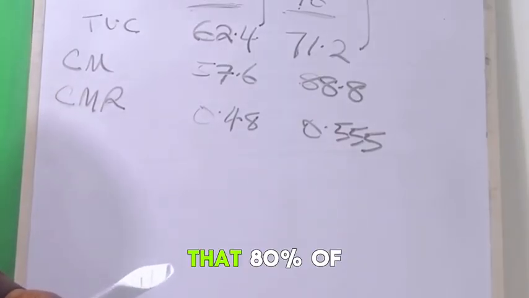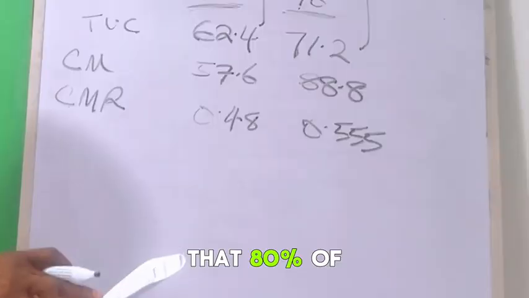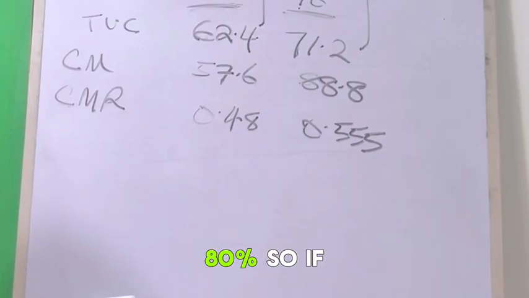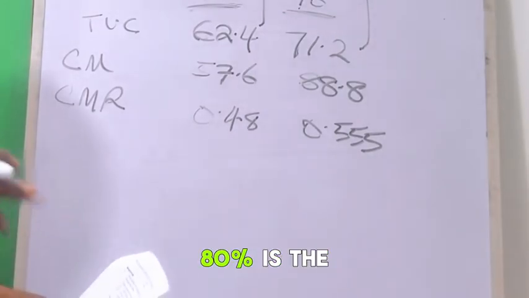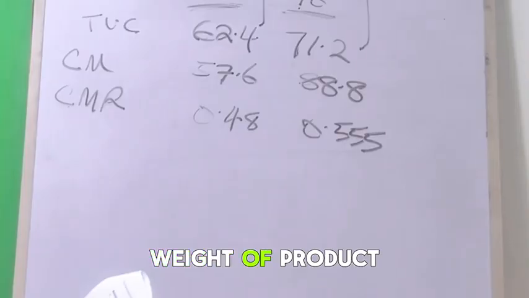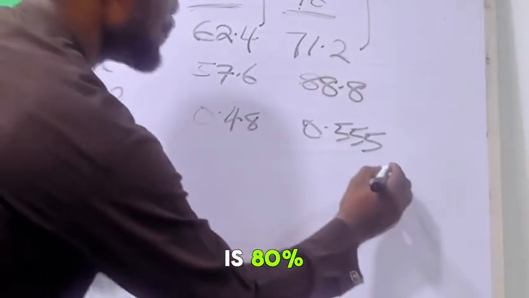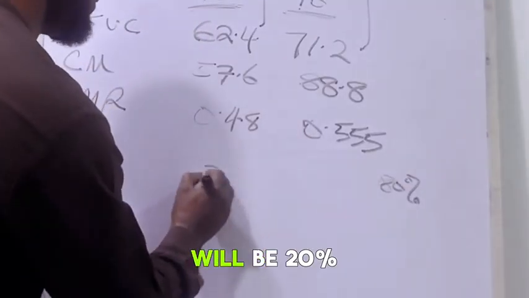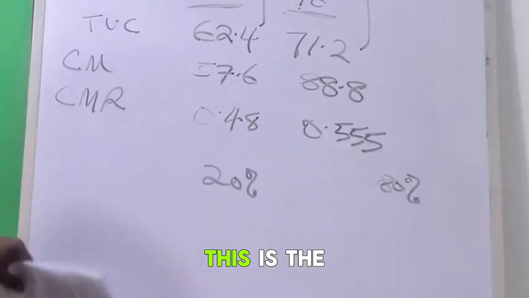We are told that 80% of total revenue will be derived from product B. 80%. So if 80% is the weight of product B, it means here will be 20%. This is the weight.